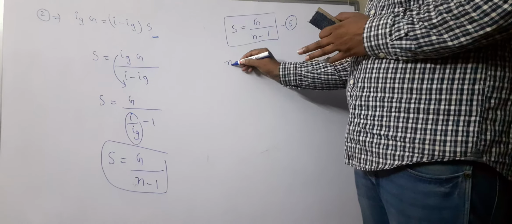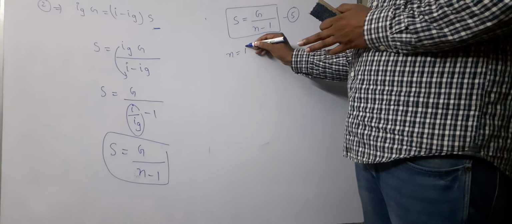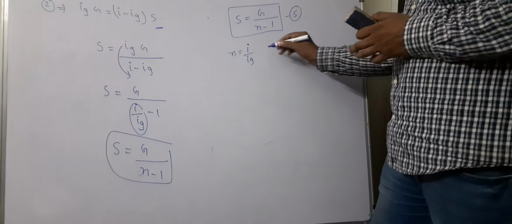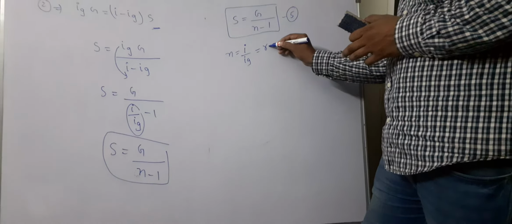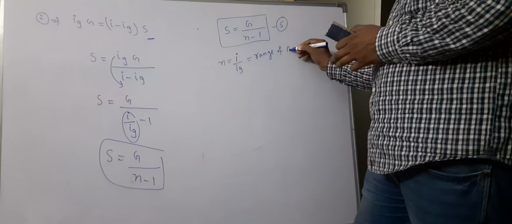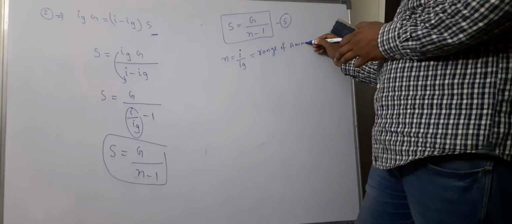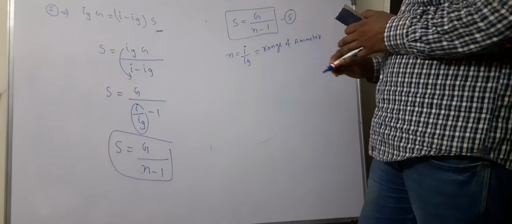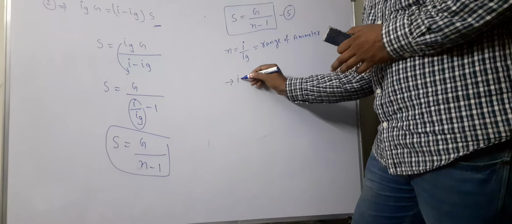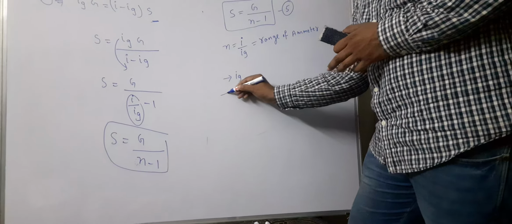Here N equals I by Iz. N is called the range of ammeter. Once again I repeat, N is called the range of ammeter. Generally, the current passing through the galvanometer is Iz.